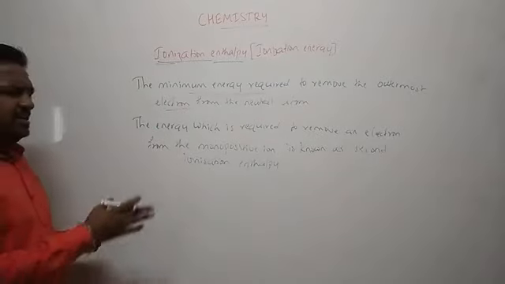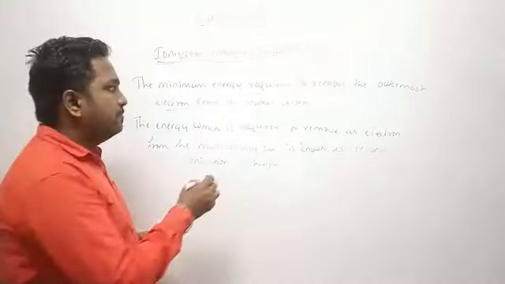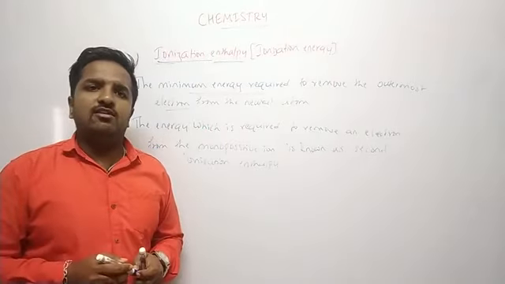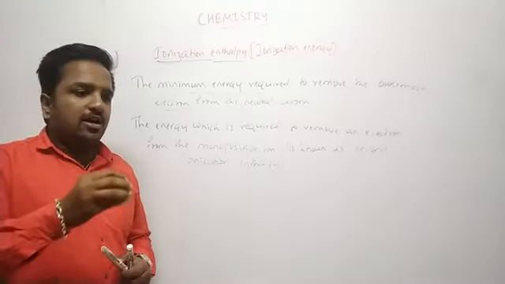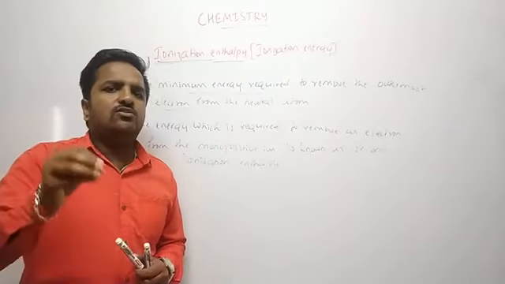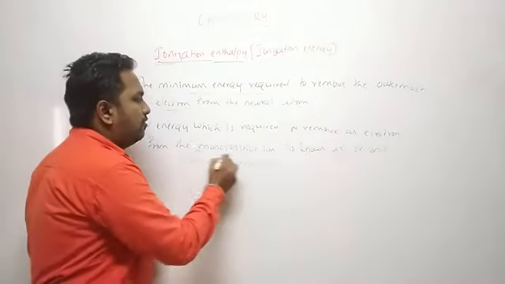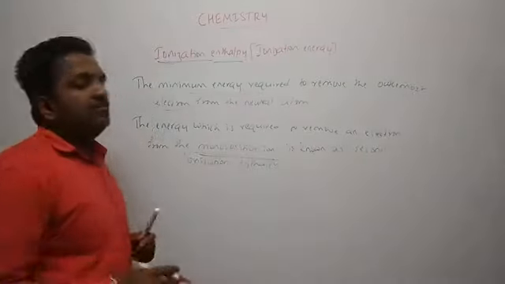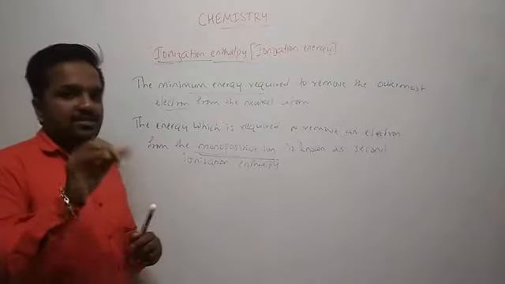Generally, second ionization enthalpy will be more than the first ionization enthalpy. Why is it so? It is because the electron is lost here, and this is a monopositive ion, which means the ion has lost an electron and gained a positive charge.